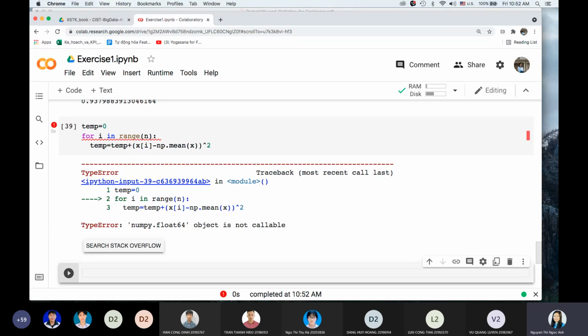Let us check it. Is the thing inside the brackets a list? What list do I use? So sorry.